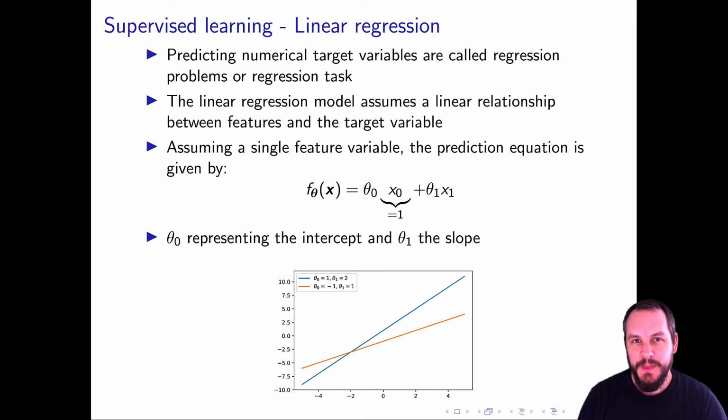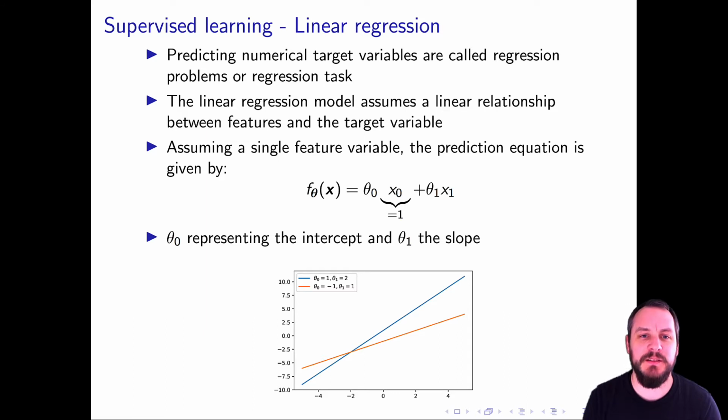So, as I said, when it comes to supervised learning, we typically face either a regression task or some kind of classification task. In the regression task, usually the target variable is some arbitrary numerical variable, such as a house price or the money that we spend for rent.